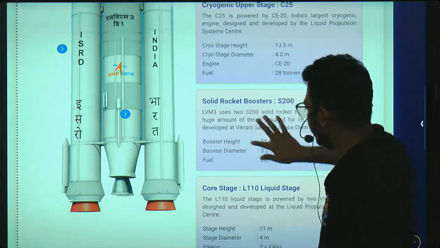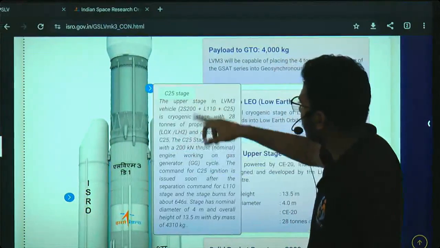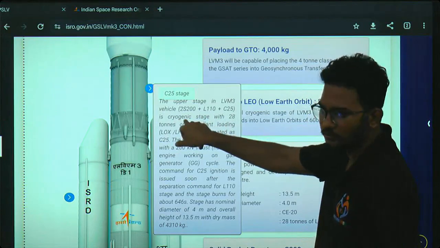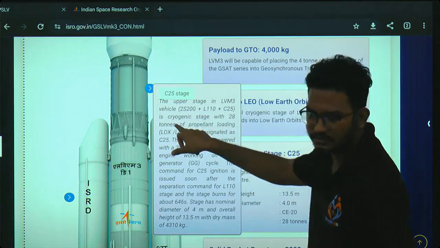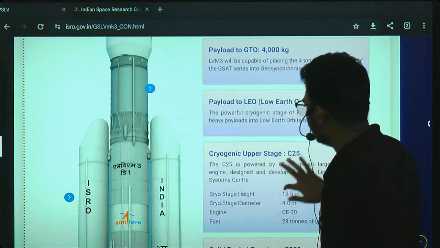If you click here, that will tell you what kind of fuel they have filled here, as I have told you. Yes, the third stage is the cryogenic stage. You can see that here. After going home, you can try it out.